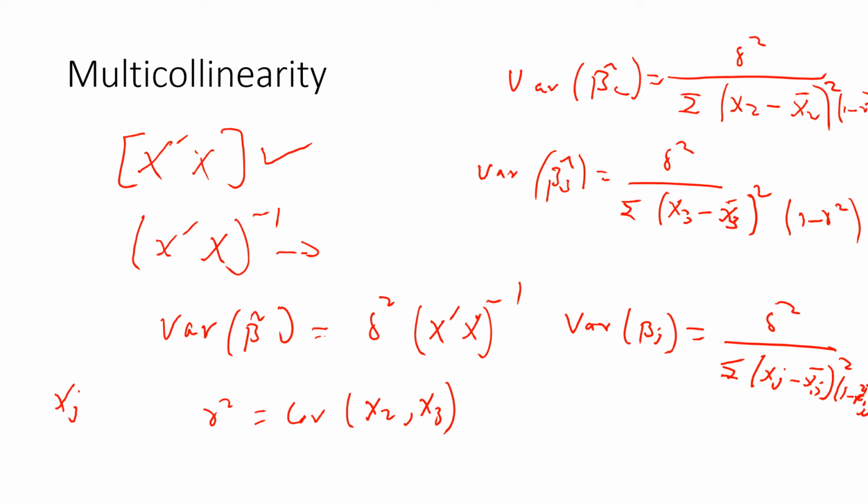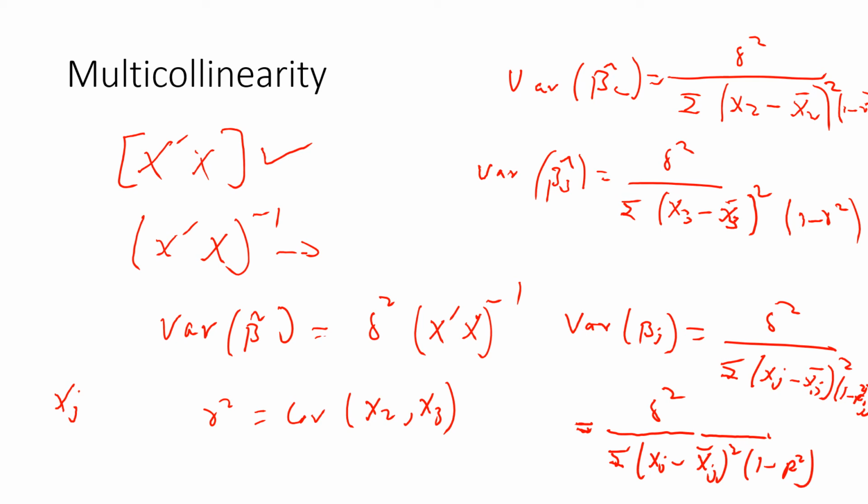Let me write this equation a bit more clearly because it is out of the screen. The summation of xj minus x bar j, whole square, into 1 minus r square.